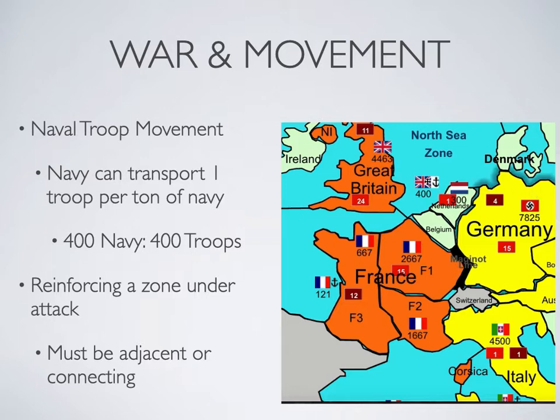By the same token, during any subsequent battles by Great Britain, they cannot use this Navy any longer. Now, Germany could attack that Navy, but Great Britain could not move it to move troops or defend or do anything else, because you can only use troops and Navy once per turn. Now, next turn, everything starts all over again.